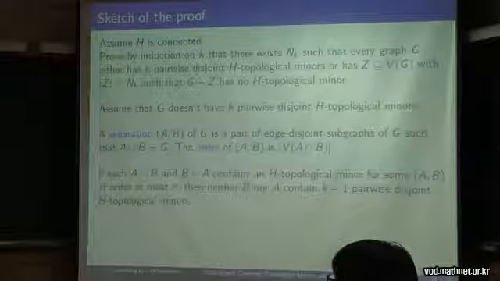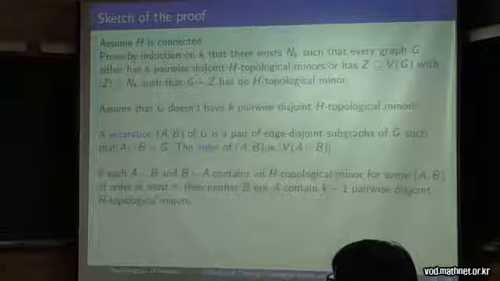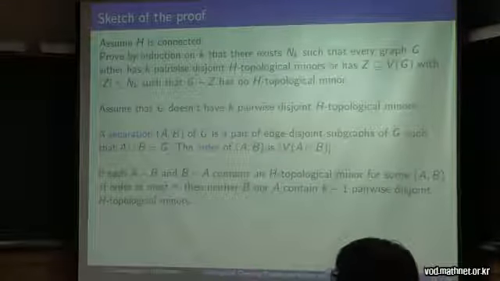Otherwise, I put these K minus 1 and at least one topological minor, and I get K disjoint topological minors in G. So on this side, I don't have K minus 1 disjoint topological minors.